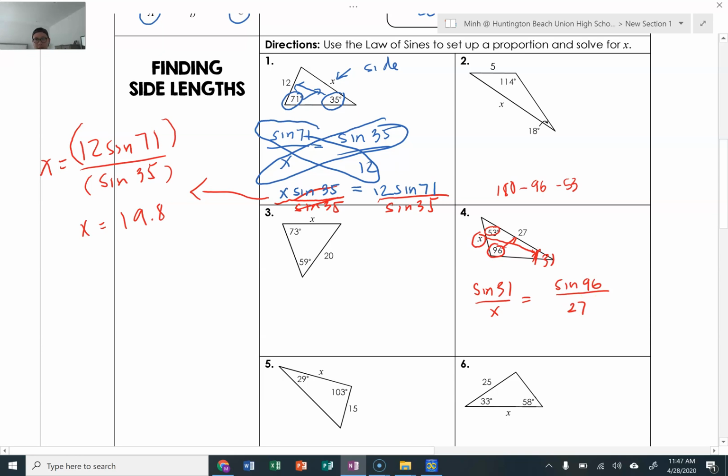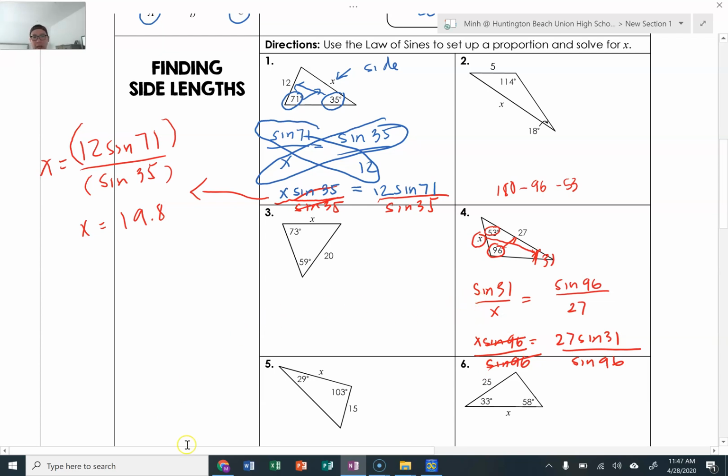Do a little cross multiplying. So when I do that, I have x sine 96 is equal to 27 sine 31. And then I want to get x alone, so I'm going to divide both sides by sine 96. So that crosses off. Alright, and so now we're going to put that into our calculator.